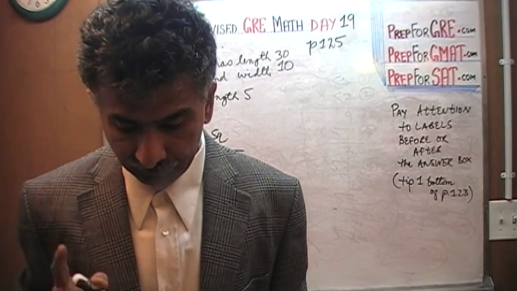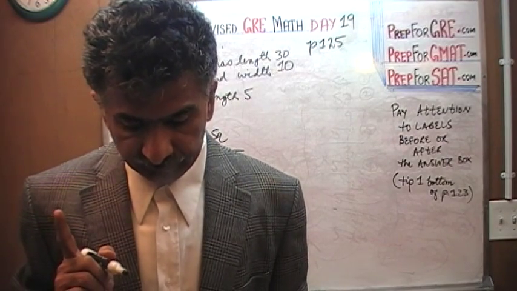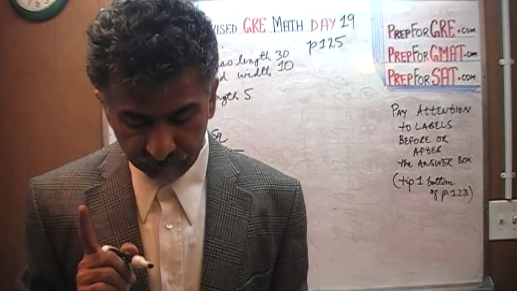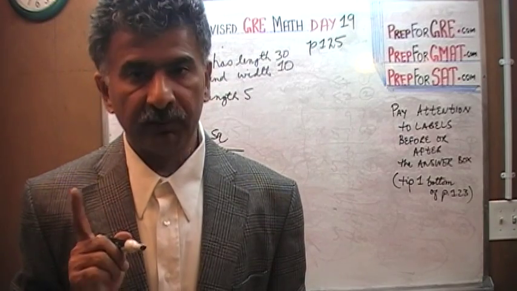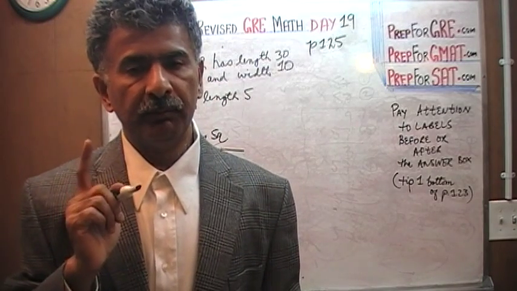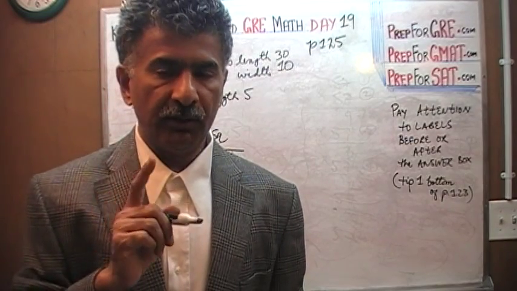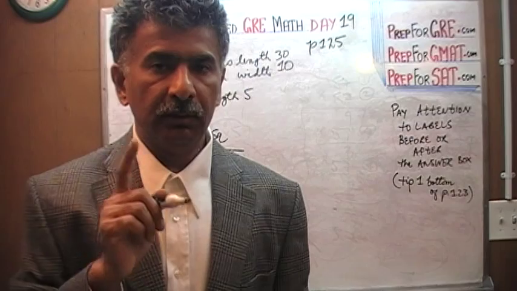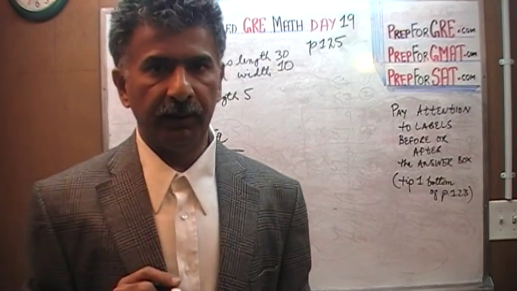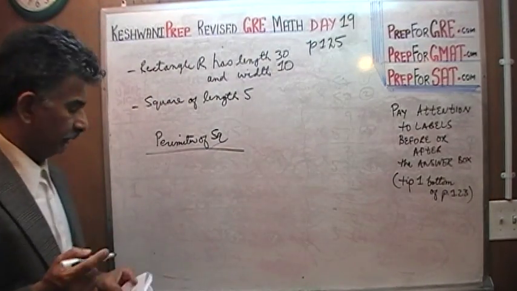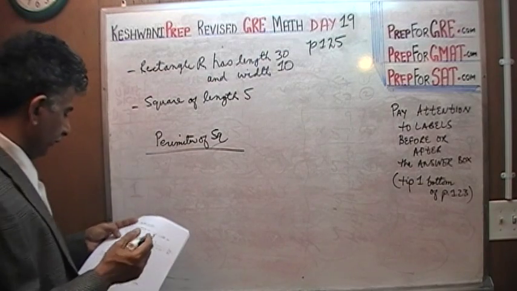Here it says the perimeter of the square is what fraction of the perimeter of R. They're looking for the ratio of the perimeter of the square to the perimeter of the rectangle, not the other way around.